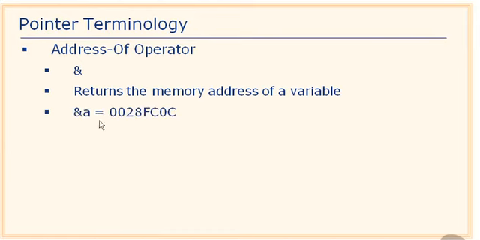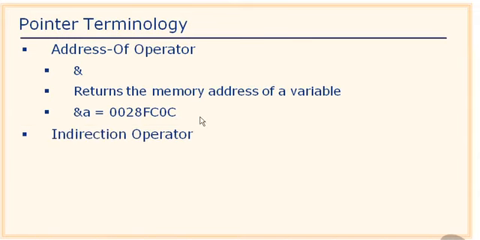So if I create a variable A and then put ampersand A, this is saying don't give me the value of A, give me the address of A. And if I read that, I will see that it is equal to 0028FC0C. That is a hex address for where the variable A's contents is actually being stored.